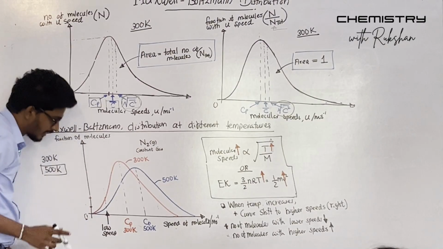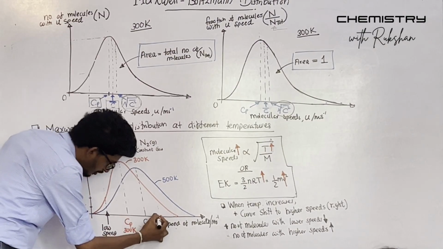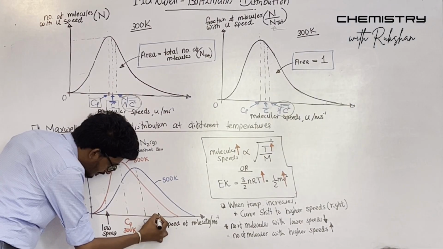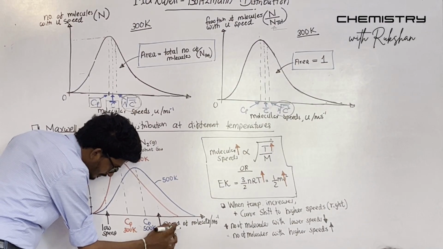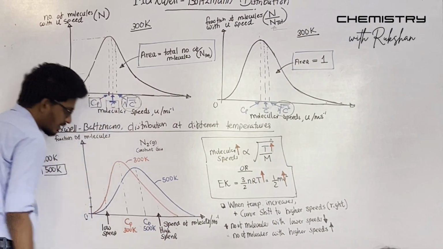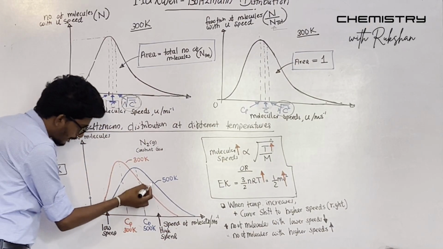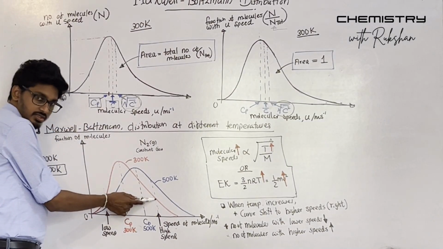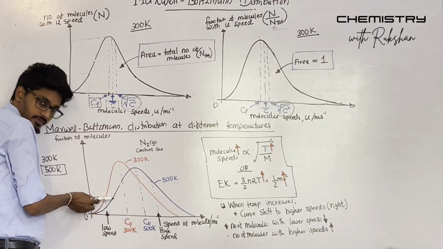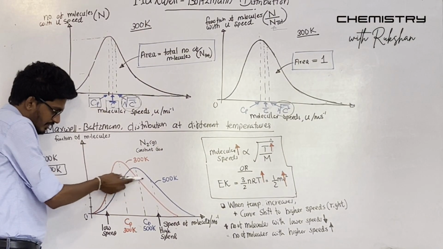What happens to the number of molecules with higher speeds? Higher speeds. What will happen? See, early it was this much. Now it is this much.